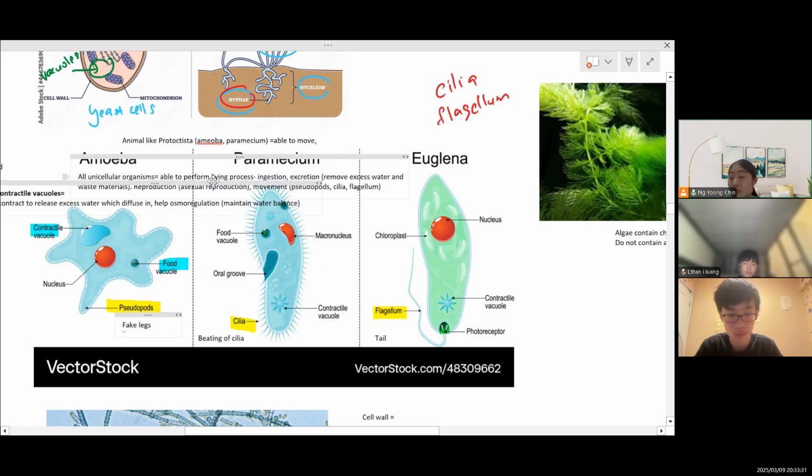Reproduction: most of them perform asexual reproduction, which is binary fission. And movement, because they have locomotion organelles: pseudopod, cilia, and flagellum.